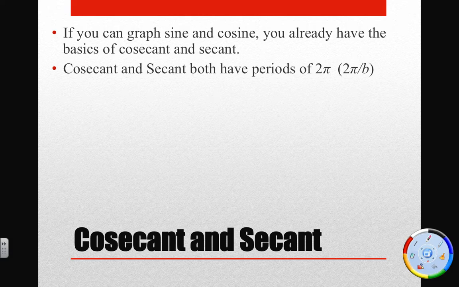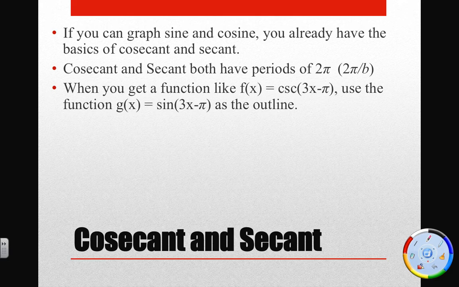So you still do the 2 pi over b. Like I mentioned, tangent and cotangent are the only ones with pi over b. In order to graph cosecant of 3x minus pi, we would use sine of 3x minus pi as an outline in order to graph.